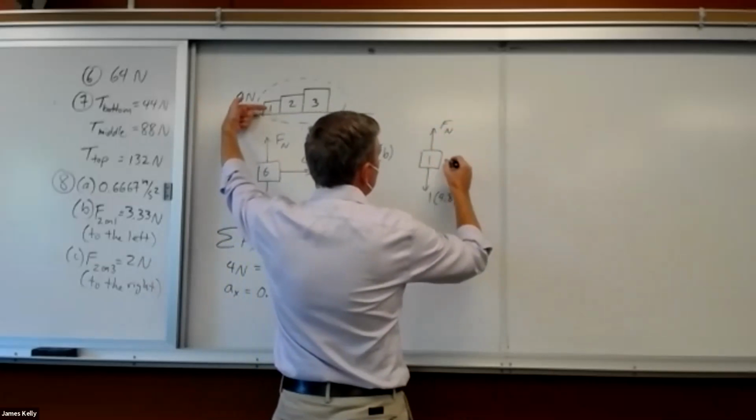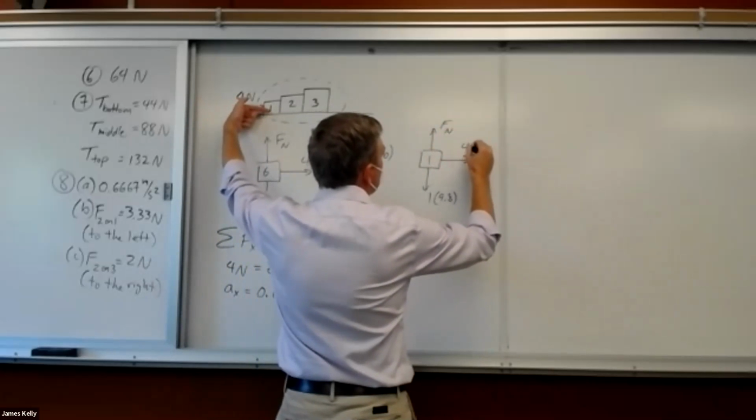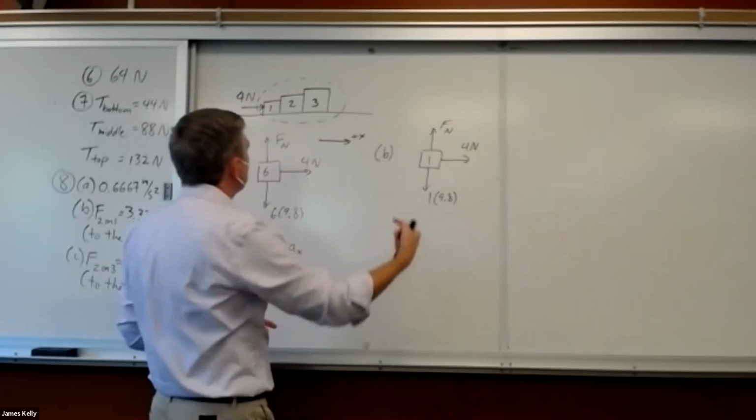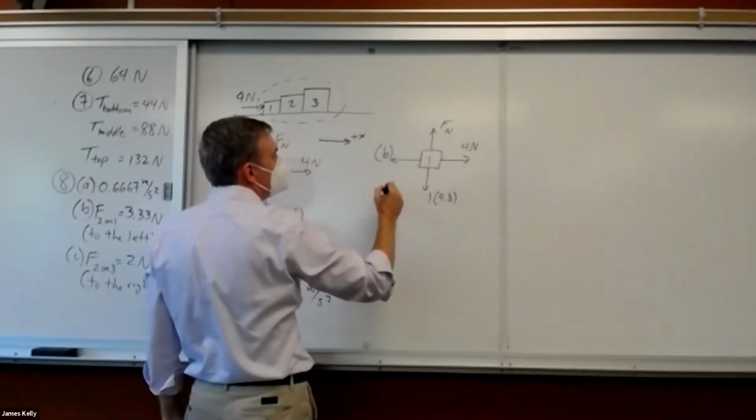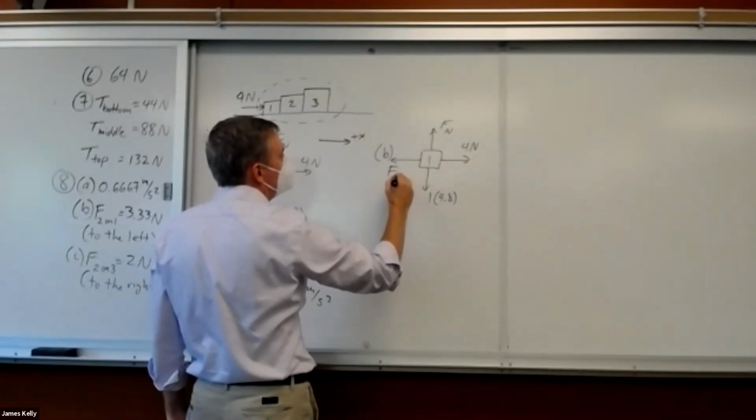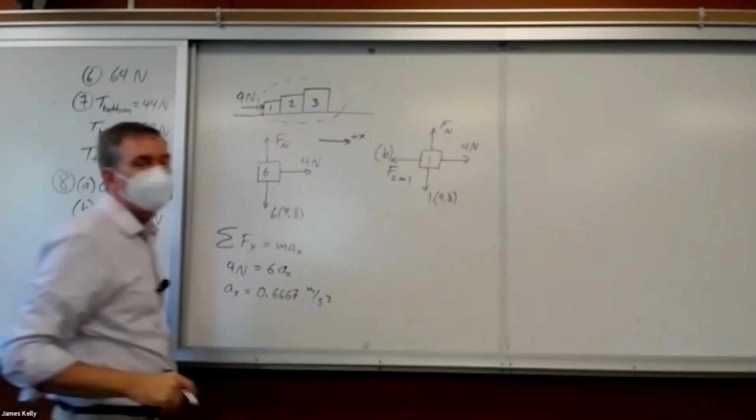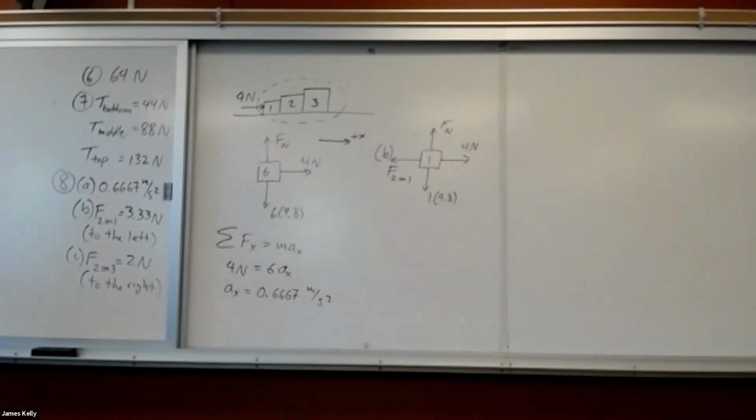I'm pushing on it with a 4 Newton force to the right, but the 2 is pushing back on it in that direction. So the length of this arrow I'm going to label as F2 on 1, just so I remember what it means. It's the magnitude of the force that 2 pushes on 1 with.